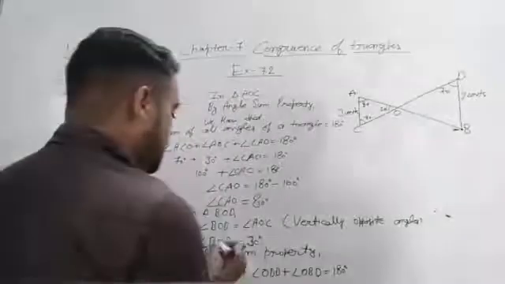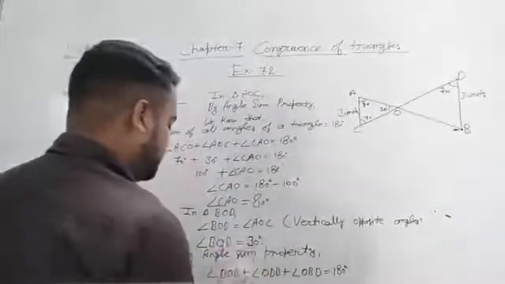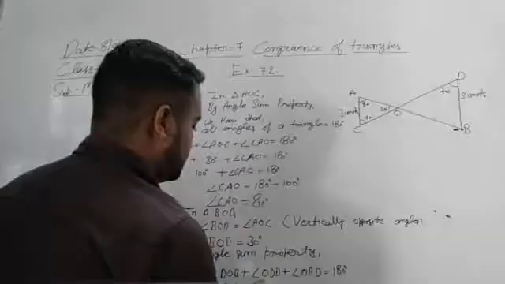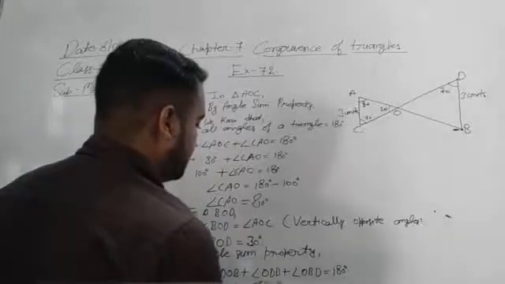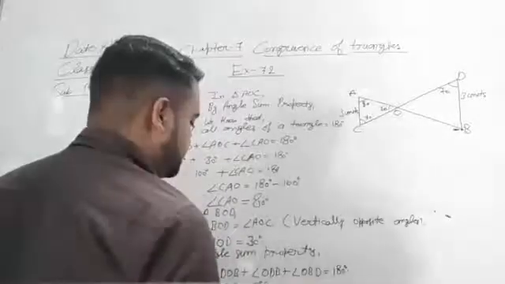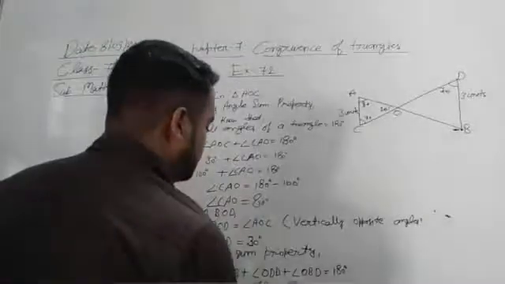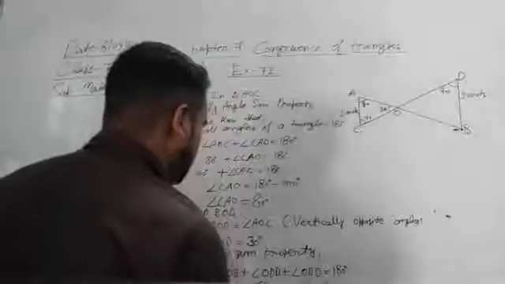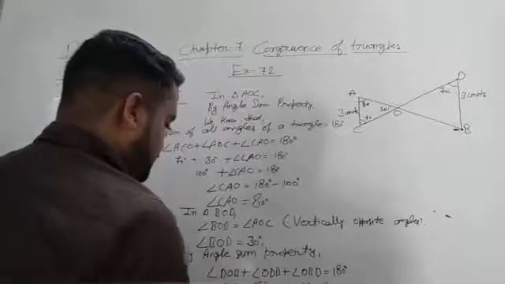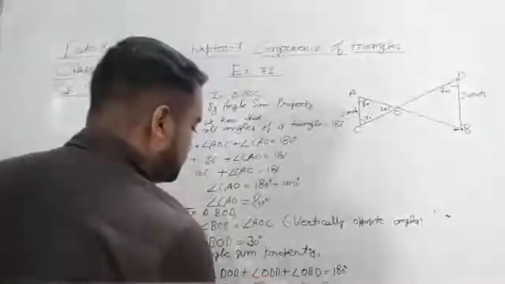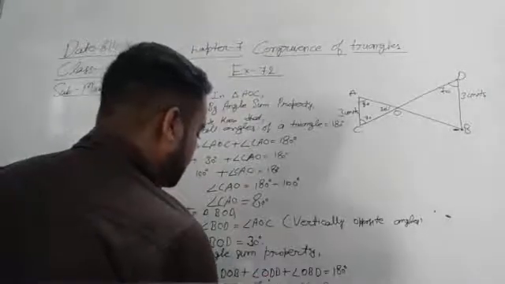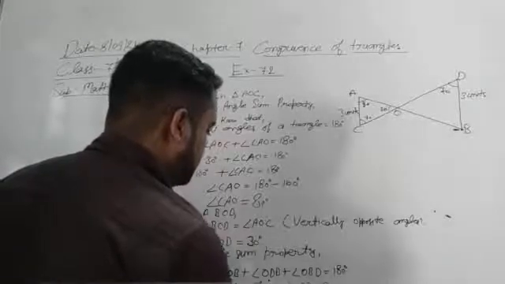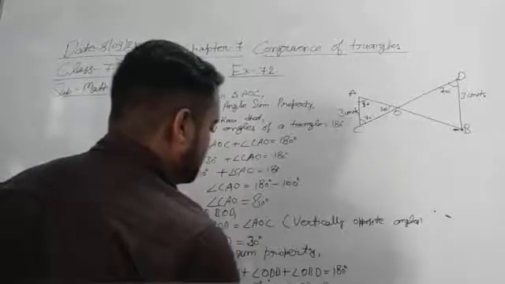Angle BOD we found to be 30 degrees, and ODB is given as 70 degrees, and we have to find angle OBD. Now 70 plus 30 is equal to 100 degrees.